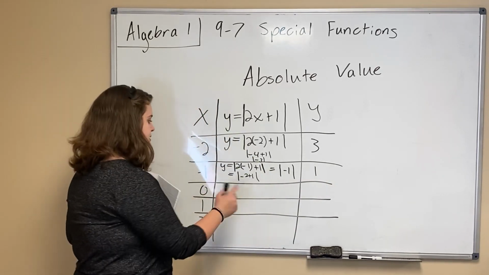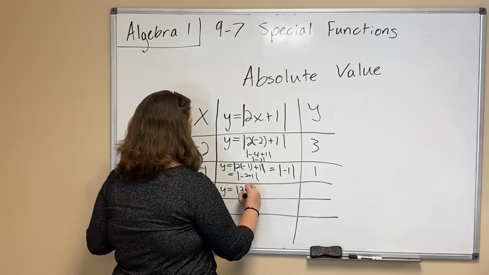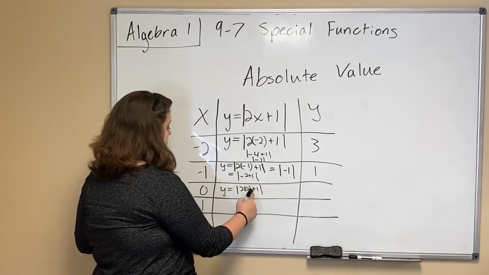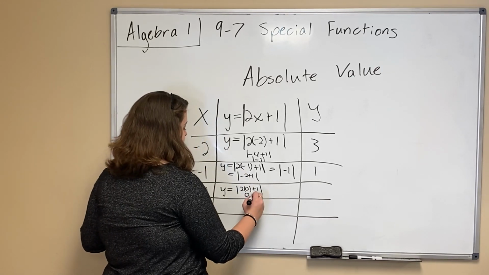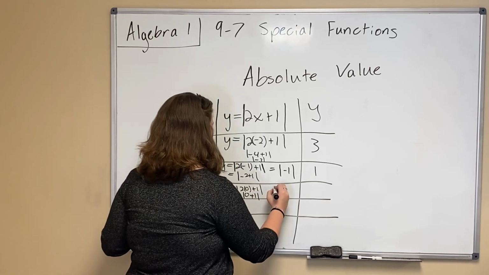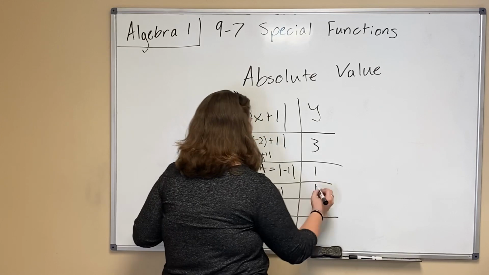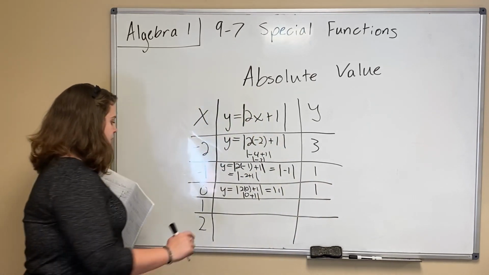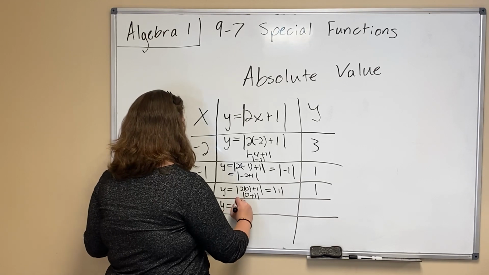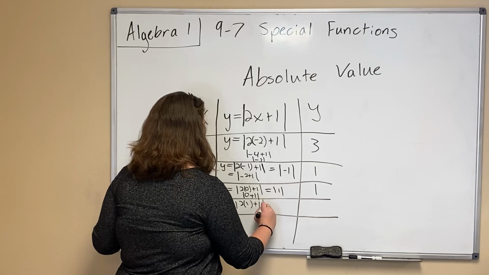All right, let's plug 0 in. Y equals the absolute value of 2 times 0 plus 1. 2 times 0 is 0. So we're going to get the absolute value of 0 plus 1, which is the absolute value of 1, which is just 1. Okay? We plug 1 in. Y equals the absolute value of 2 times 1 plus 1.